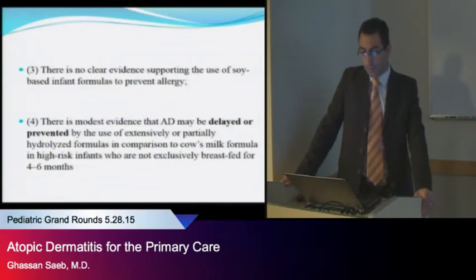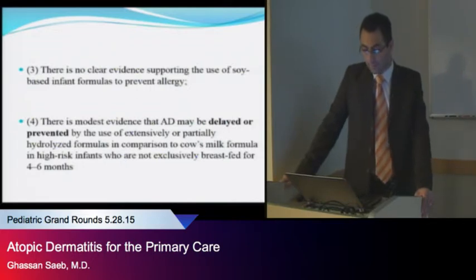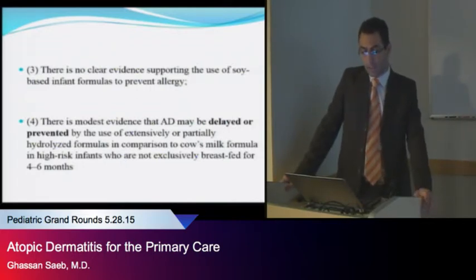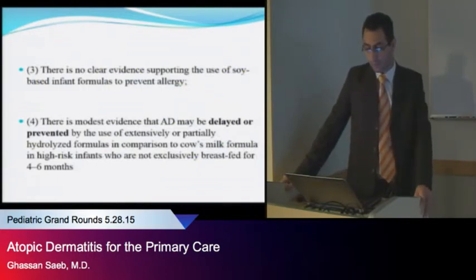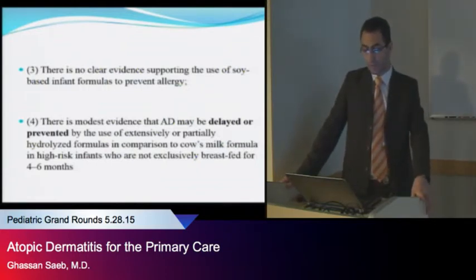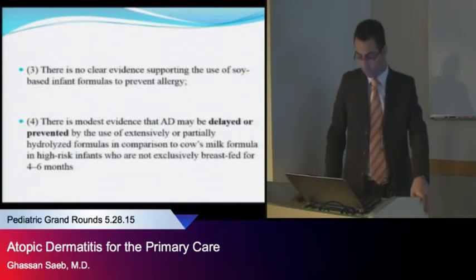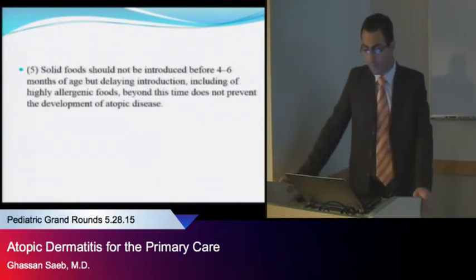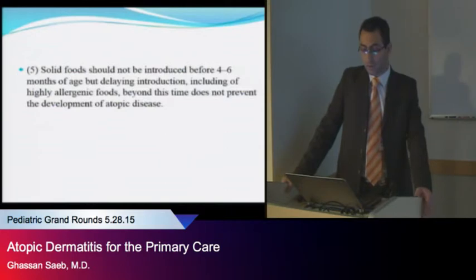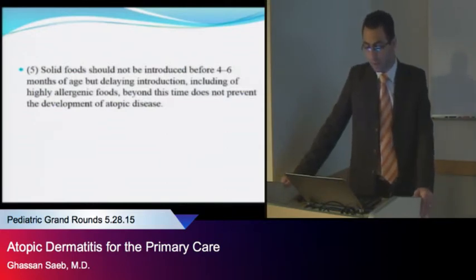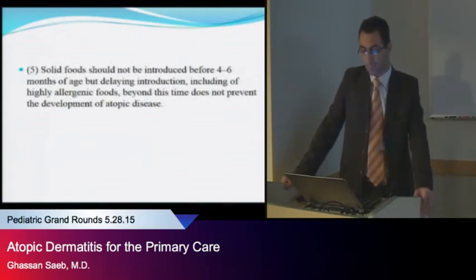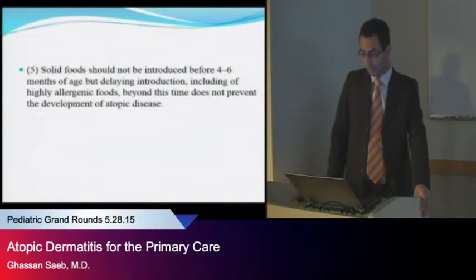There is modest evidence that AD may be delayed or prevented by the use of extensively or partially hydrolyzed formulas in comparison to cow's milk formula in high-risk infants who are not exclusively breastfed for 4 to 6 months. Solid foods should not be introduced before 4 to 6 months of age, but delaying introduction, including of highly allergenic foods, beyond this time does not prevent the development of atopic disease.